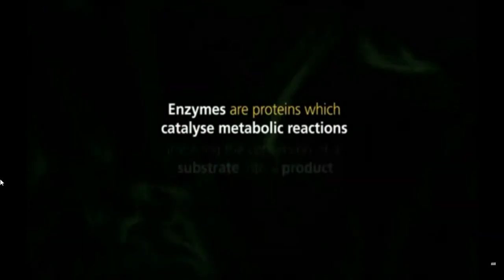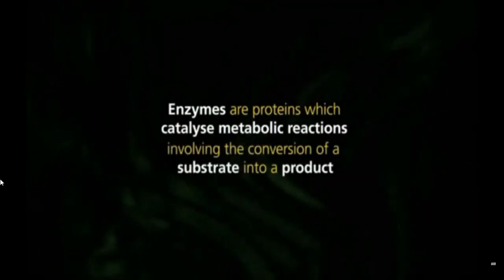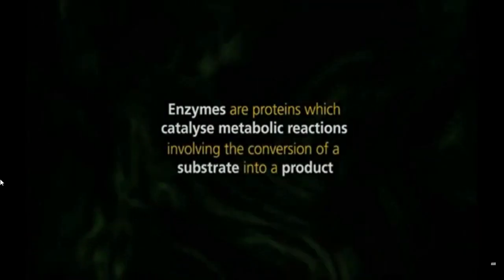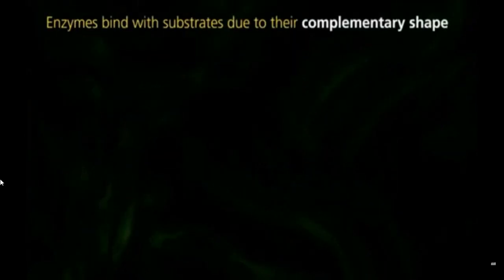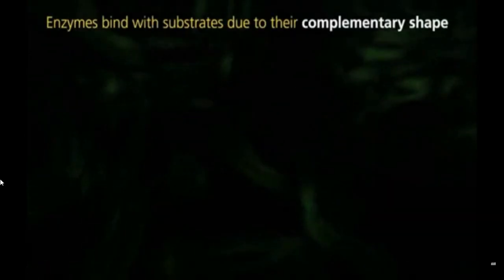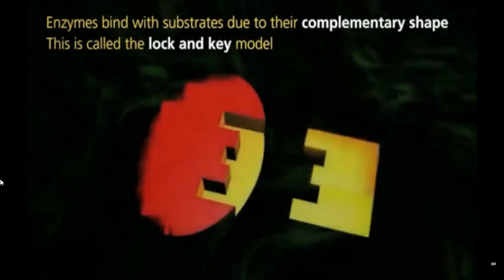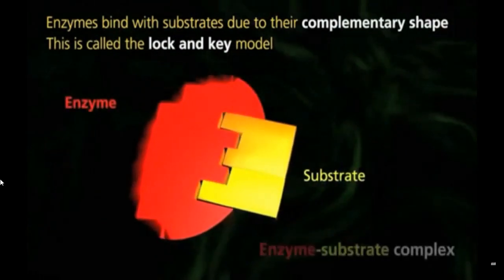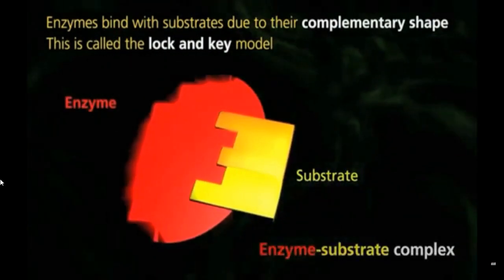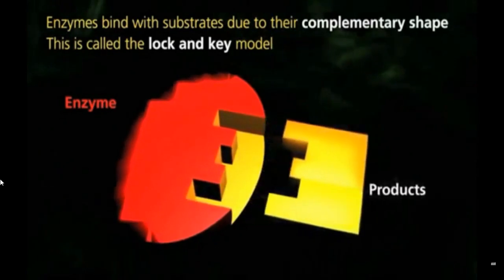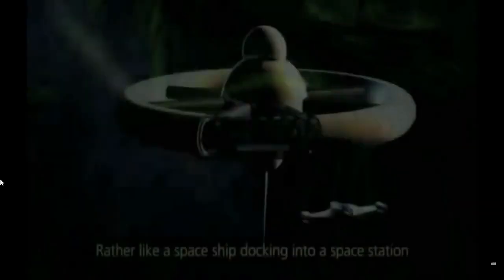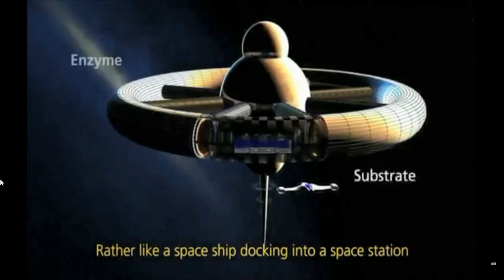Enzymes are proteins which catalyze metabolic reactions involving the conversion of a substrate into a product. Enzymes bind with substrates due to their complementary shape. This is called the lock and key model. Rather like a spaceship docking into a space station.